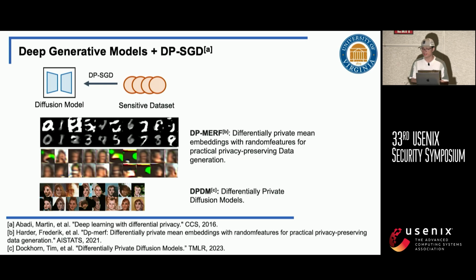We can train the deep generative models using DP-SGD. Previous works generated similar images on the MNIST dataset, but they did not show results on more sensitive datasets, like face datasets. However, we found that it is harder to process complex datasets by directly using DP-SGD to train the diffusion model.